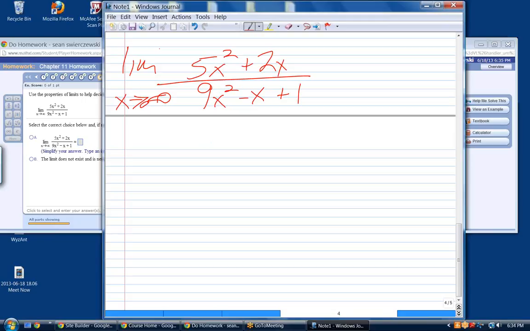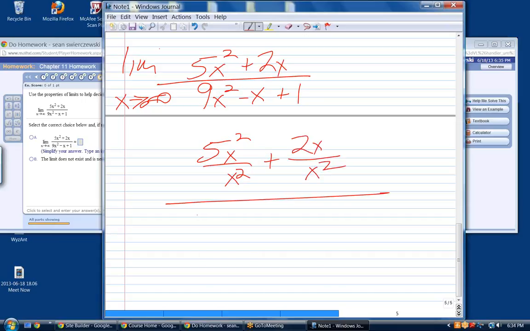So here's what I'm going to do. I'm going to take the highest degree in either the bottom or the top. So I'm going to take this term, divide it by x squared. And I can do that as long as I take every term and divide it by x squared.